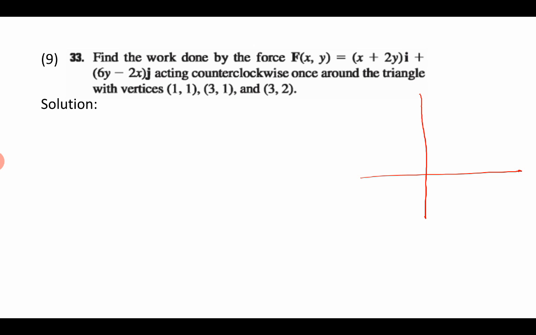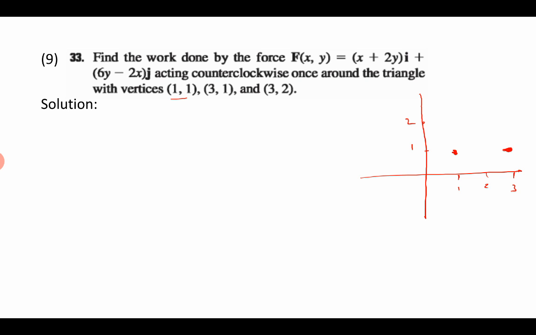On the xy plane, the triangle is given. This is 1, this is 1, here 1 comma 1, and x is 1, 2, 3. So this is 3 comma 1, the second point, isn't it? And 3 comma 2, y is 2.